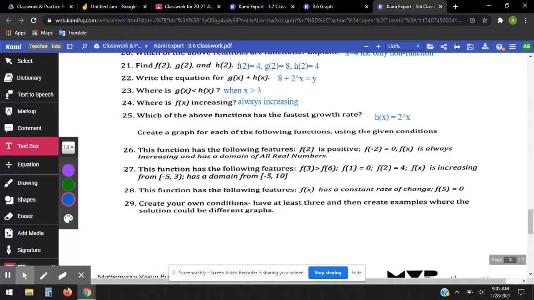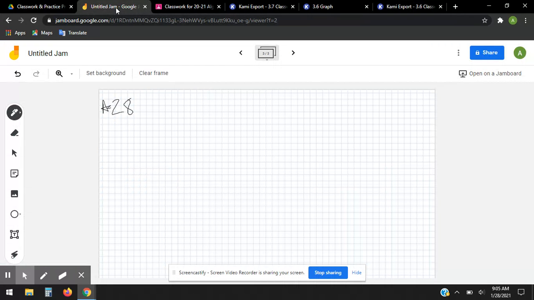All right. So this function has the following features. F of x has a constant rate of change. F of 5 is 0. Okay, so this is a pretty basic one. So constant rate and f of 5 equals 0. So I can keep this one pretty basic.